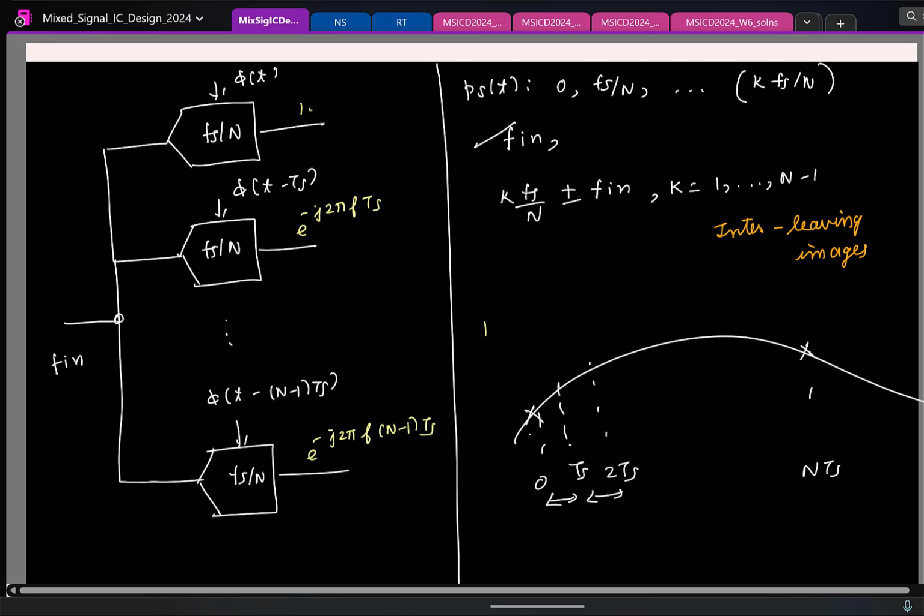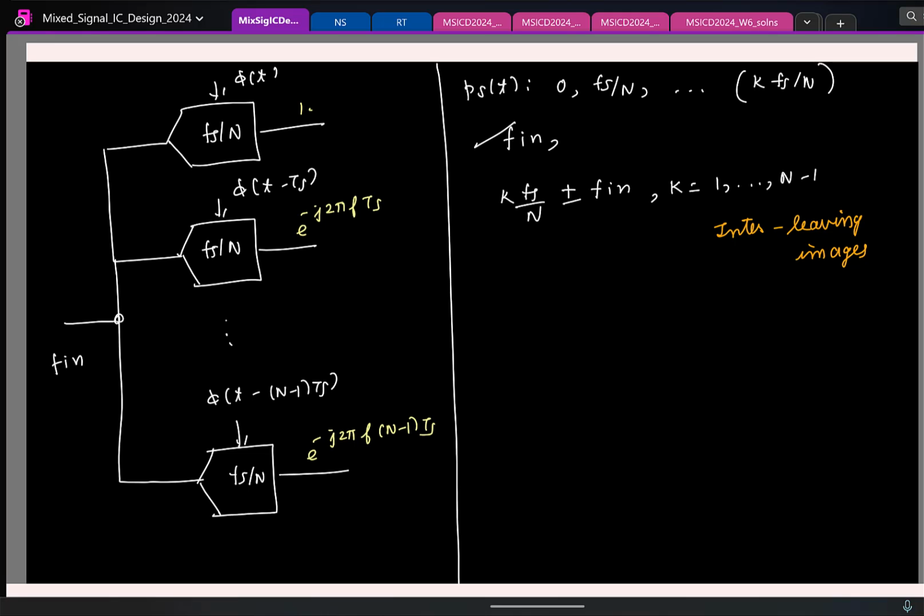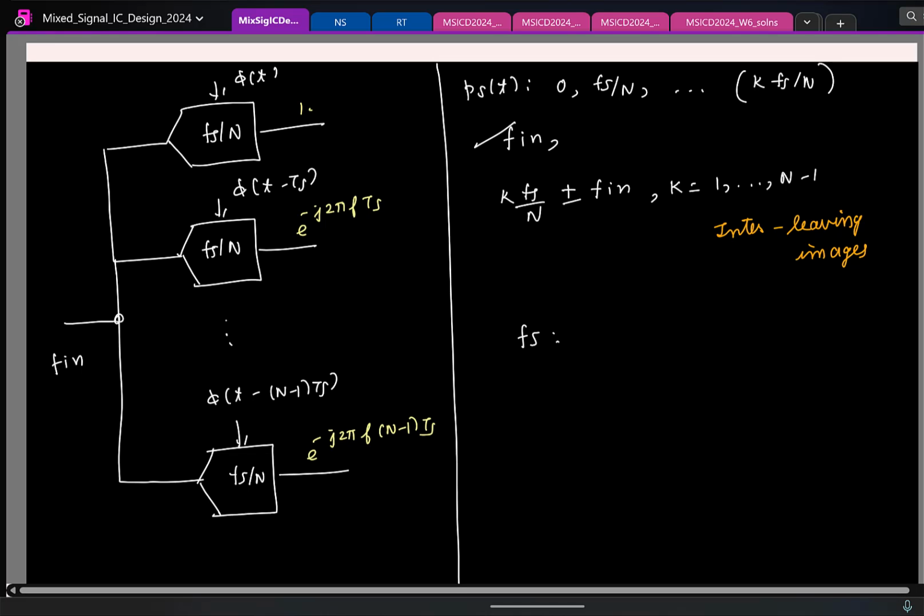In the example of sampling at 2 GHz, when we used the second ADC we introduced a delay of 0.5, that is 1 by Fs, which is Ts. Finally the ADC needs to sample at Fs, which means the input should have a bandwidth till Fs by 2.